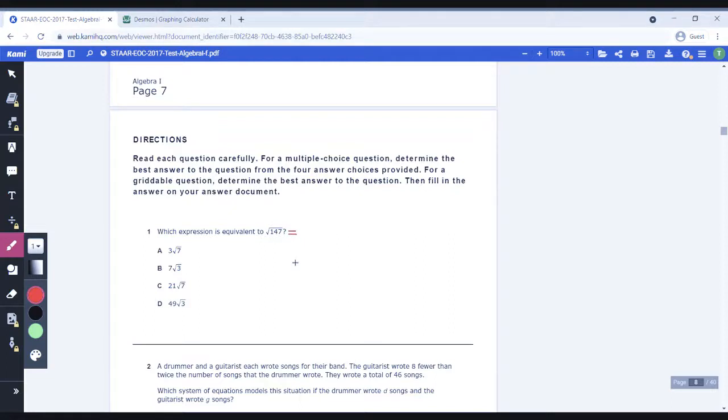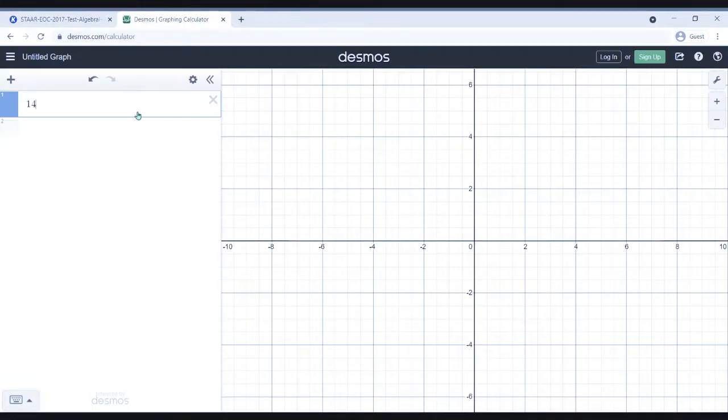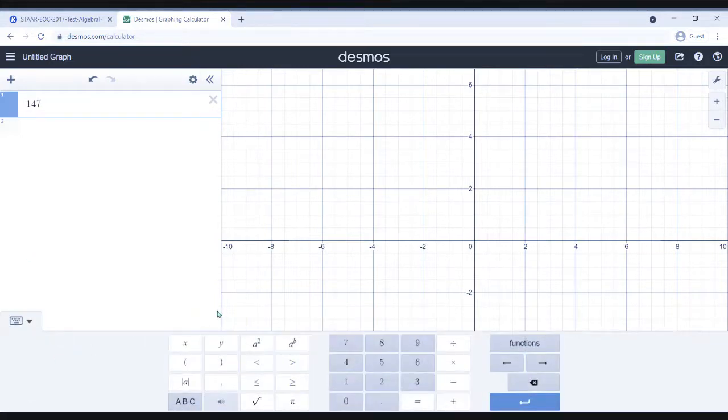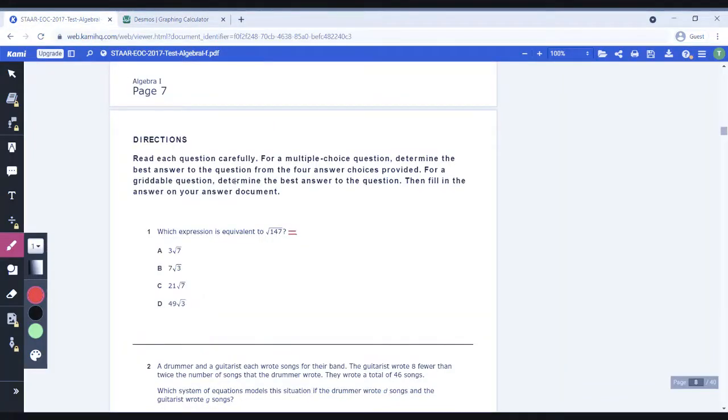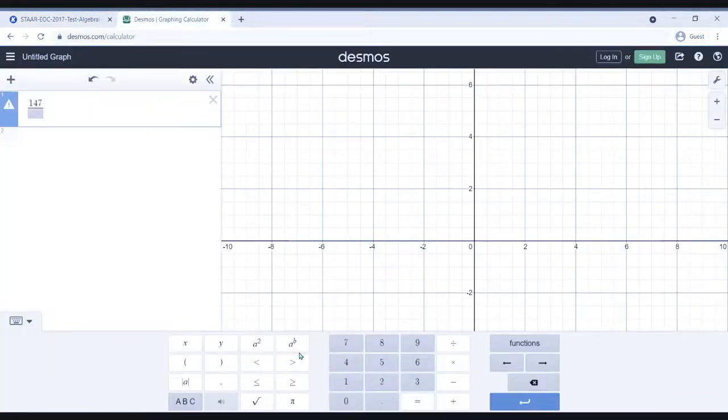I would use my TI-84 calculator on my laptop, but I don't think you guys could see it, so I'm just going to go ahead with decimals. 147 divided by 49, and that says equals 3.